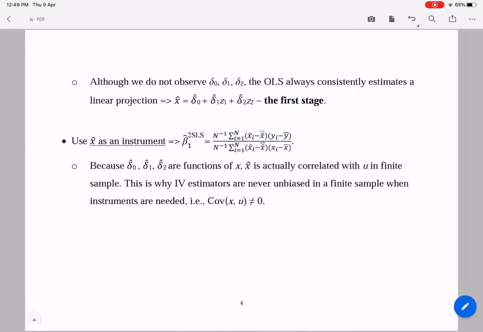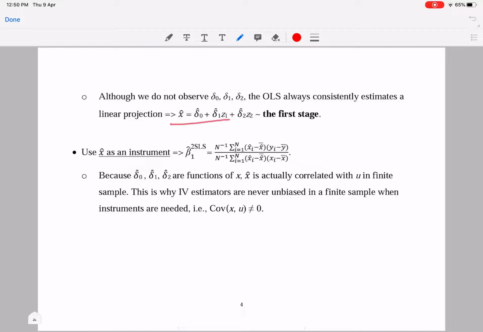How do we estimate the linear projection then? Well, we know we can just use OLS, because OLS always consistently estimates the linear projection. So if you regress your endogenous variable x on instruments Z1 and Z2, and get the predicted value x hat, we can use x hat as an instrument.